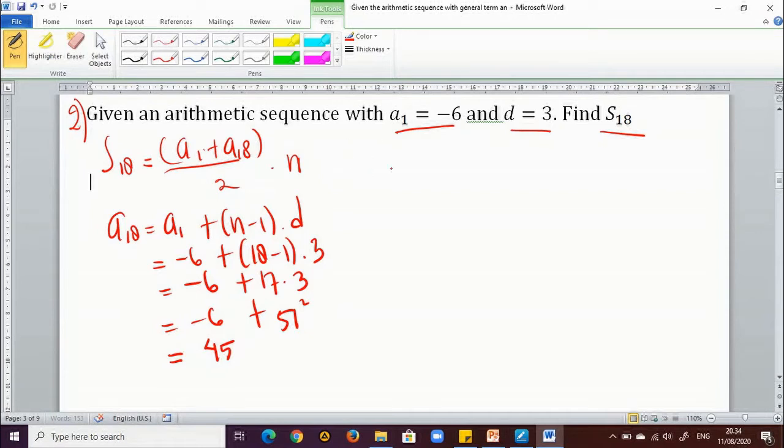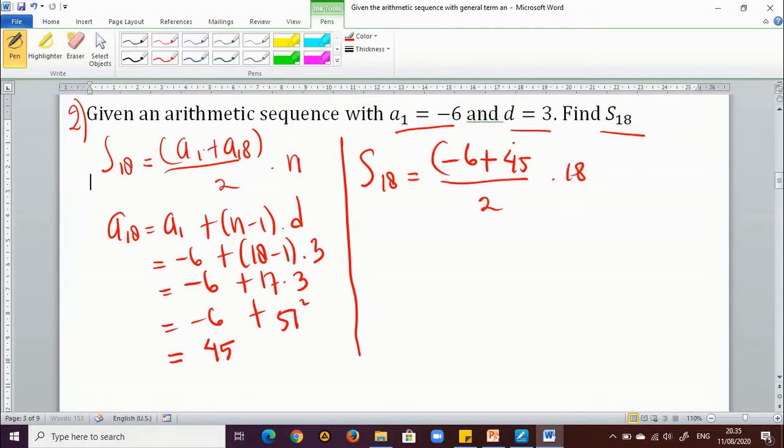So we just need to substitute all of the values that we have to here. The first term is minus 6 plus 45, divided by 2 times 18. From here, we can cancel 18 with the 2 to be 9. So 45 with the minus 6 is equal to 39 times 9.